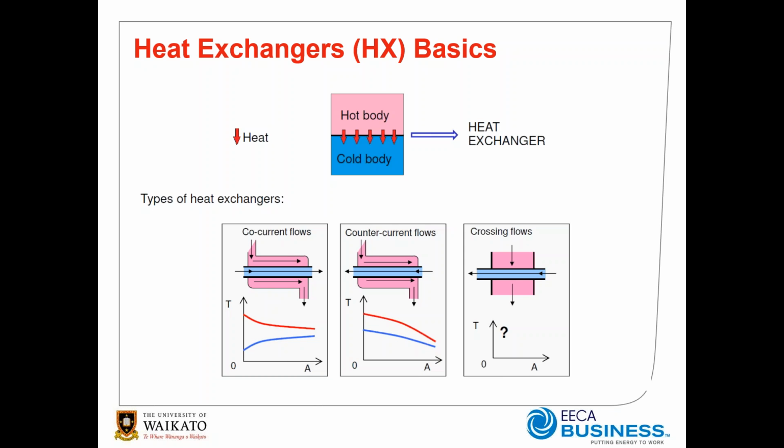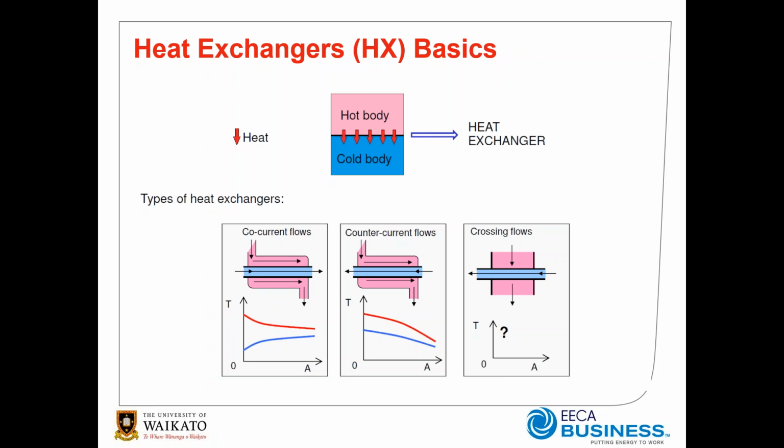Shell and tube heat exchangers, on the other hand, are a mix of counter-current and co-current, depending on the design of the shell and tube heat exchanger. For example, a U-tube shell and tube has one pass being counter-current and the second pass being co-current, or the reverse.